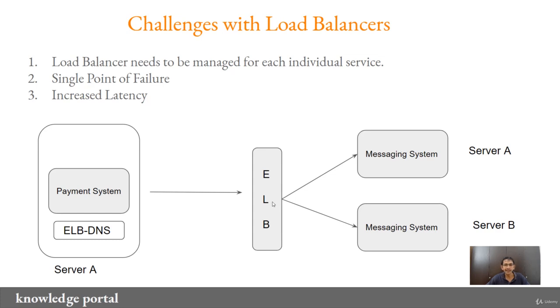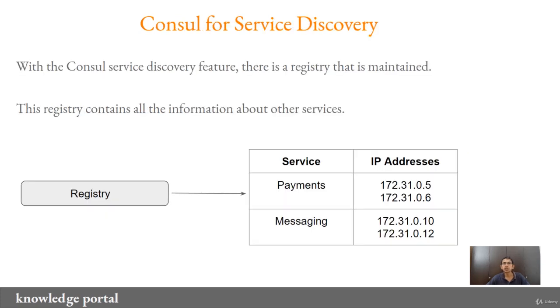So you have latency between the payment system and the ELB, and network latency between the ELB and the messaging system. So that can lead to increased latency here. In order to overcome that, we can make use of service discovery, and for service discovery, Consul is a great tool.